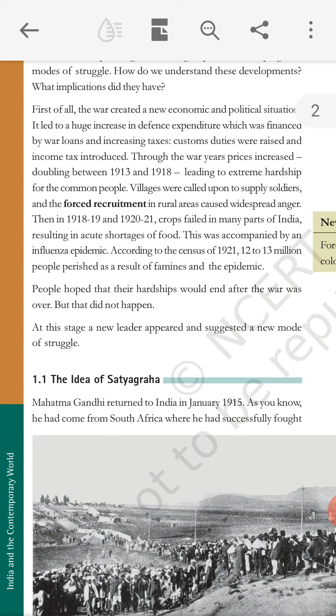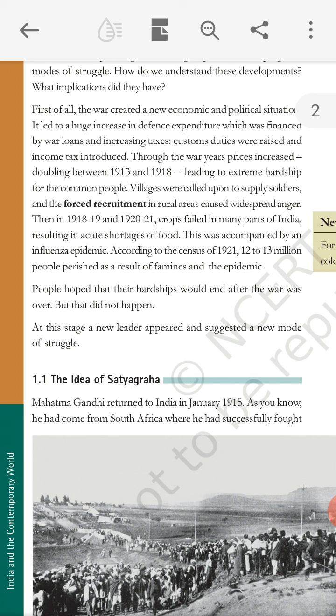Here perished means died. 12 to 13 million people died because of the shortage of food as well as the influenza epidemic, as a result of famine and the epidemic. Famine means shortage of food.